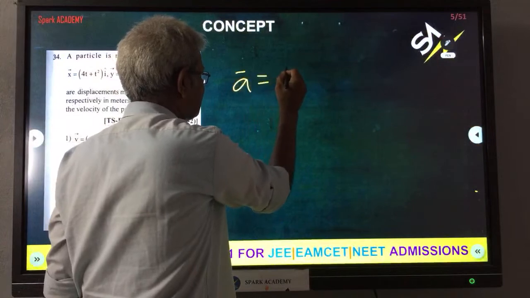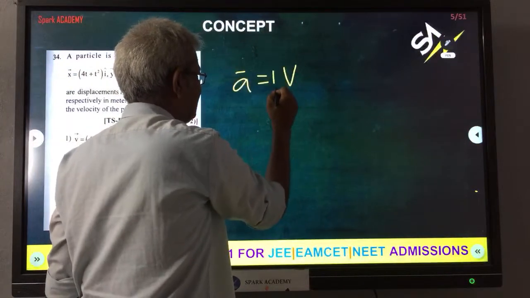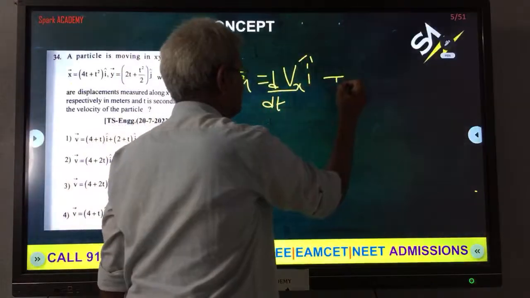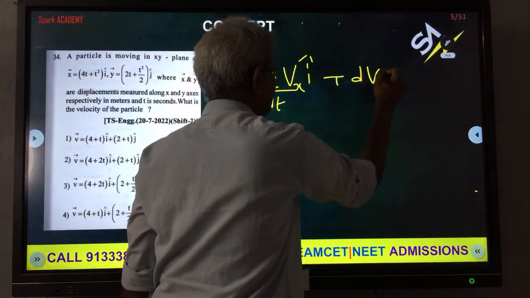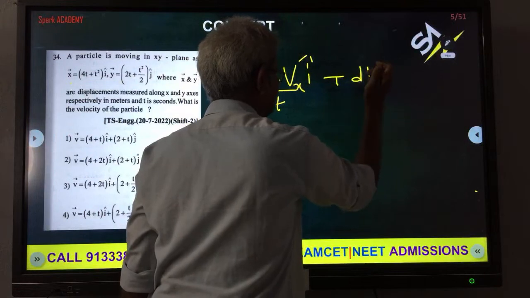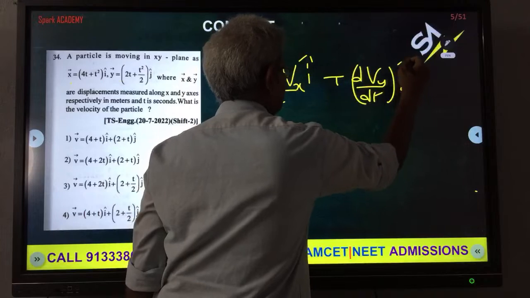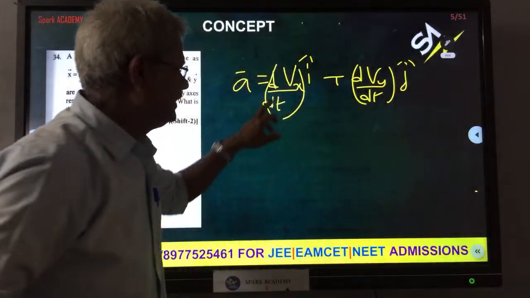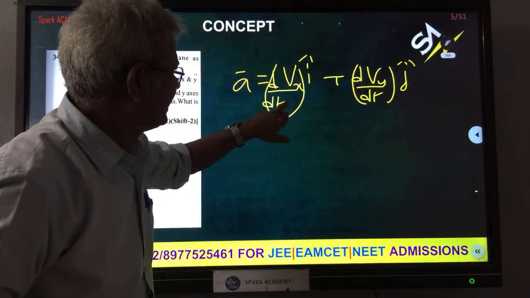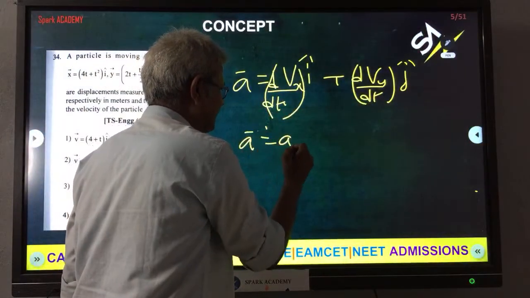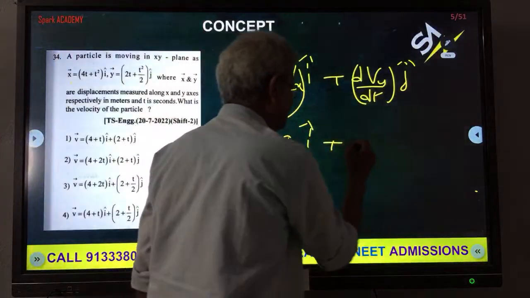Acceleration is equal to dv by dt. So what vx component we got? If you differentiate, you get ax and this is ay. Because acceleration is also a vector, meaning it has two components like this.